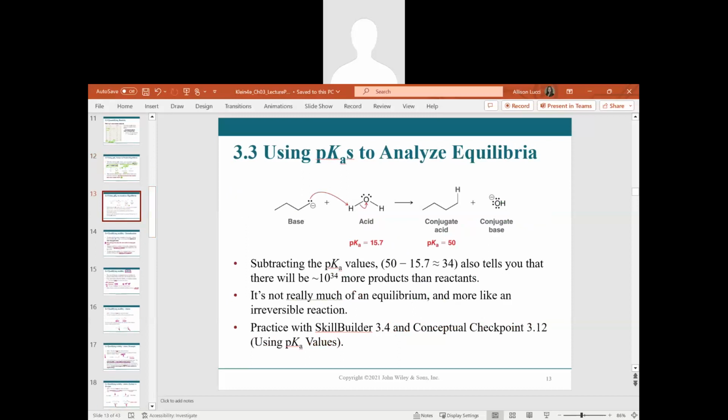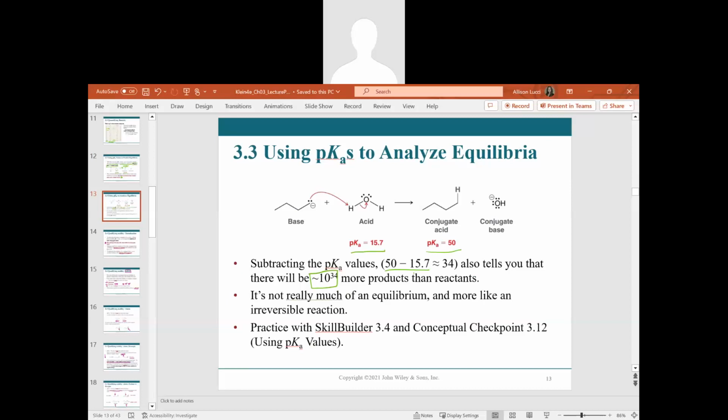In this next slide, we can actually see that by subtracting pKa values, we can see just how much stronger one acid is compared to another. So water is 15.7, and our alkane over here, which is listed with a pKa of 50, would tell us that we would have at equilibrium about 10 to the 34 times more products than reactants.